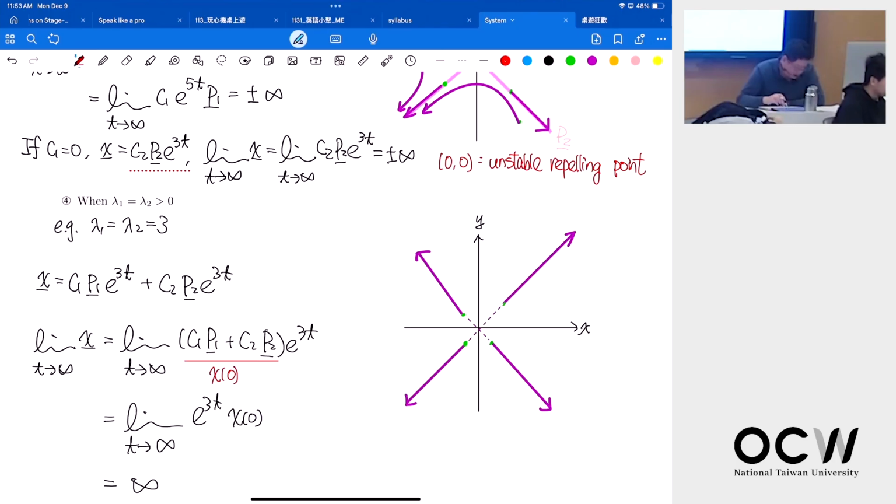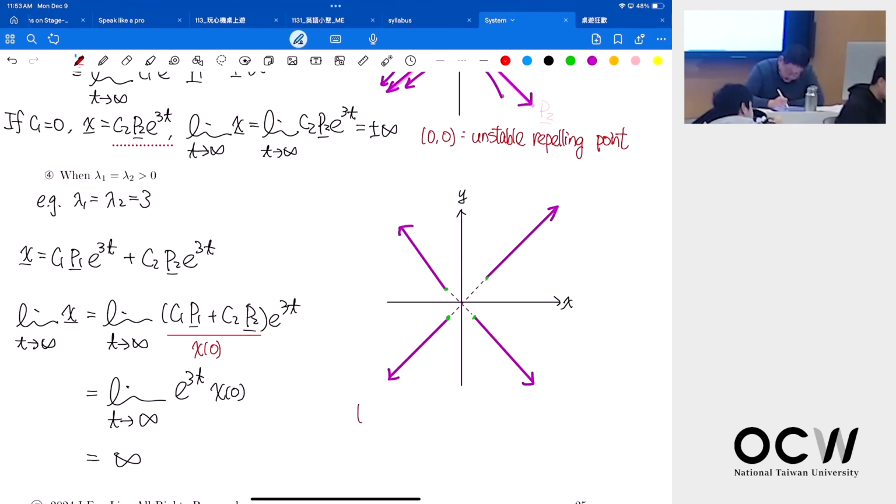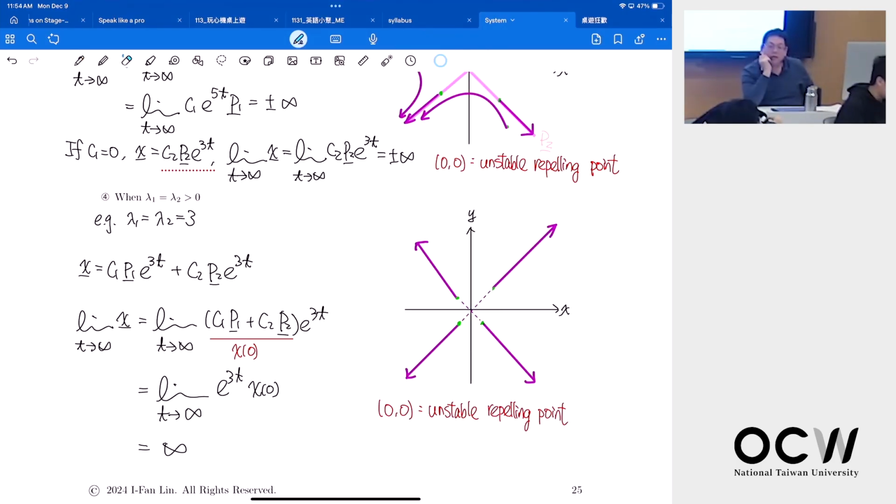And the origin is also called an unstable repelling point. Okay. Any questions so far?